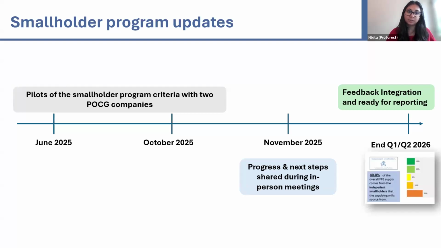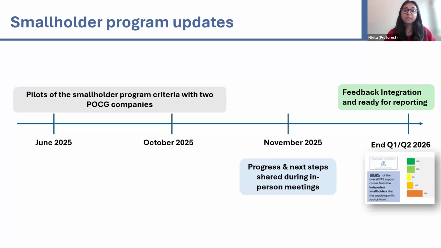And we are in the final phases of those POCG companies testing out the criteria in 2 of their smallholder programs. Once that is ready, we'll share more about it during the POCG in-person meetings in November. And then we can share a bit more on the progress and the next steps as well during the in-person meeting in November.